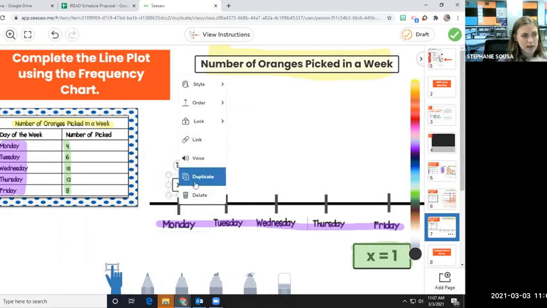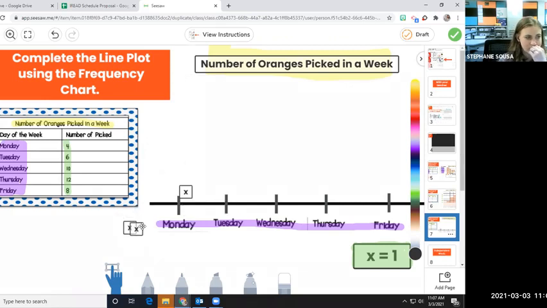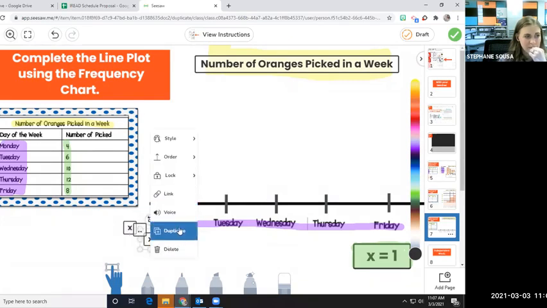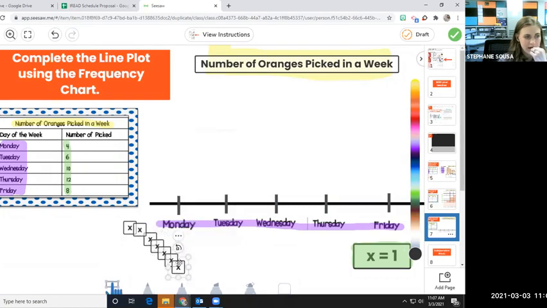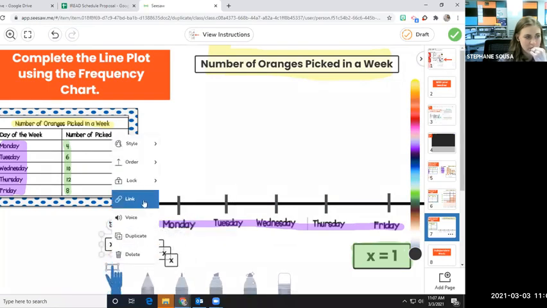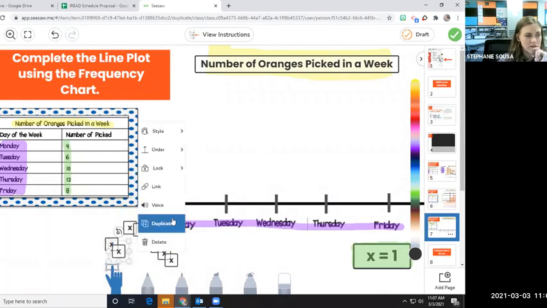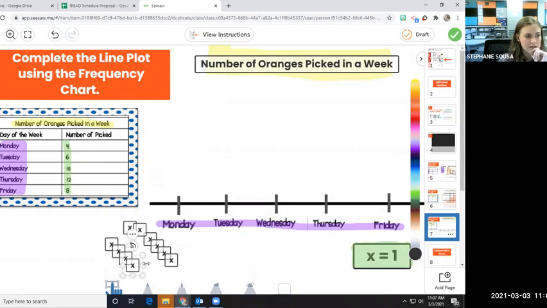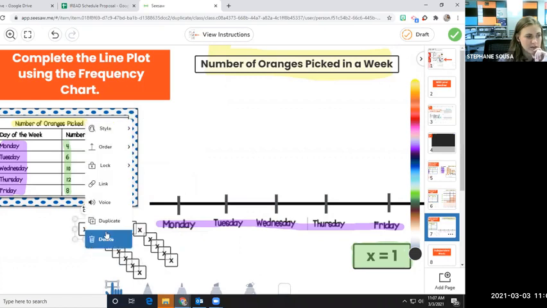And then I'm just going to duplicate it a bunch of times. So go ahead and get some X's there that you can stack on top of each other. Duplicate them. We'll need a lot of X's. We're going to need even more X's than we needed the oranges on our pictograph, because this time we're counting by ones, not by twos. So I'm actually going to go a little bit crazy here with the X's.